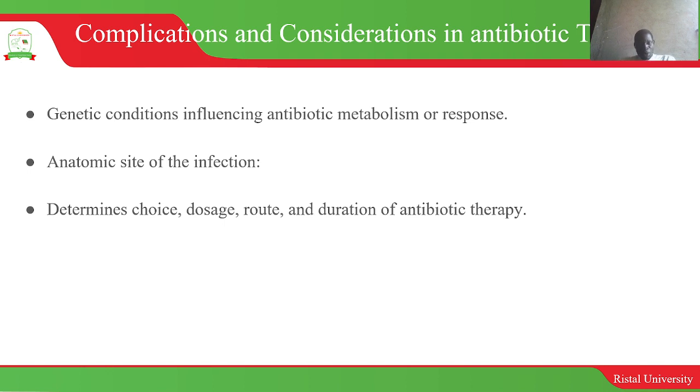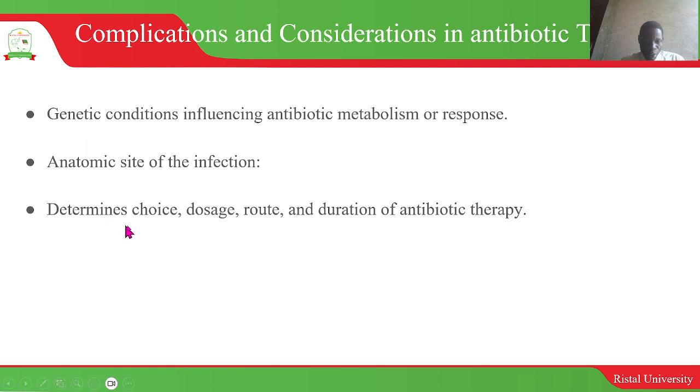Anatomic site of the infection also plays a role because areas that are well supplied with blood vessels heal faster. If there's an infection in highly vascularized areas, the healing process may take a bit faster than in areas with diminished or minimal blood supply.